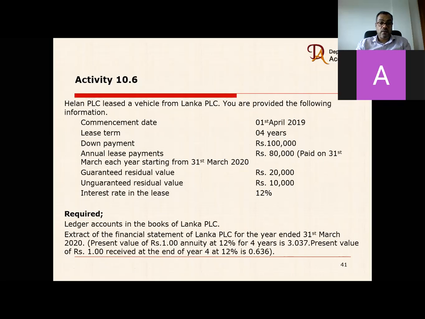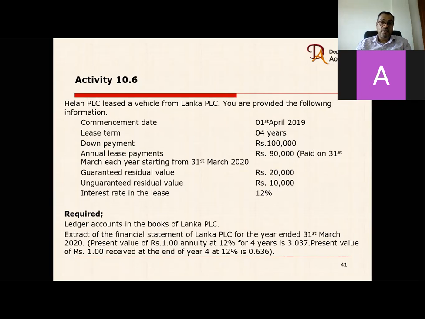And not only that, guaranteed residual value is also there. Therefore, guaranteed residual value, that is 20 gross amount. Therefore, 460, 480. Unguaranteed residual value is also there. That has been ascertained. That is 10. Therefore, it is going to be 490 roughly.